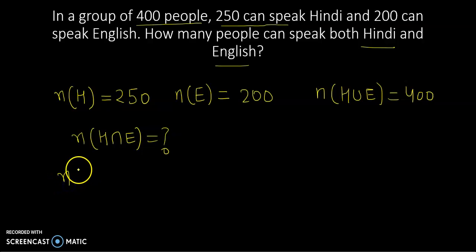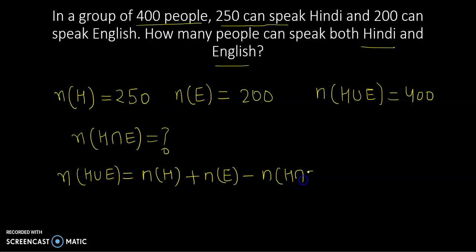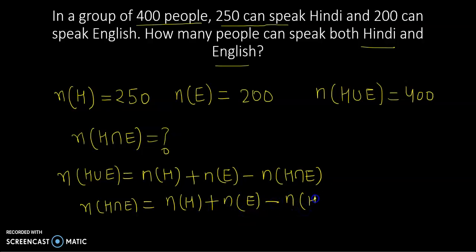The question becomes really simple now. I know the relationship here: Hindi or English equals the number of people speaking Hindi plus the number speaking English minus the number speaking Hindi and English. So if I want to find Hindi and English, it is the number speaking Hindi plus the number speaking English minus the number speaking Hindi or English. I hope things are very easy now. The number of people speaking Hindi is 250, the number speaking English is 200, and the number speaking Hindi or English is 400.